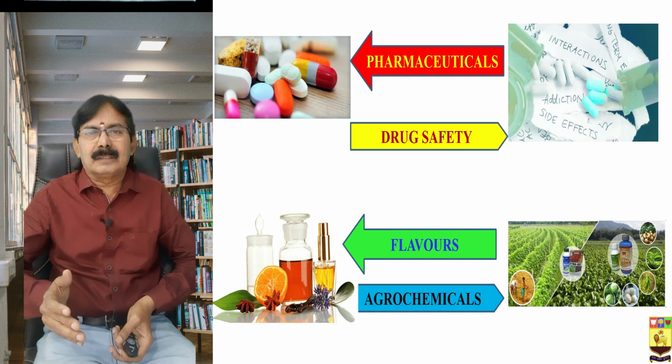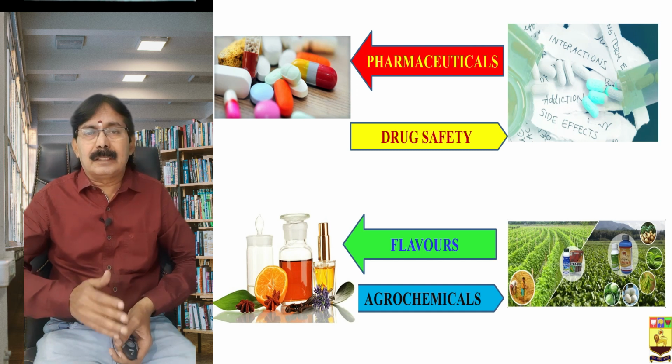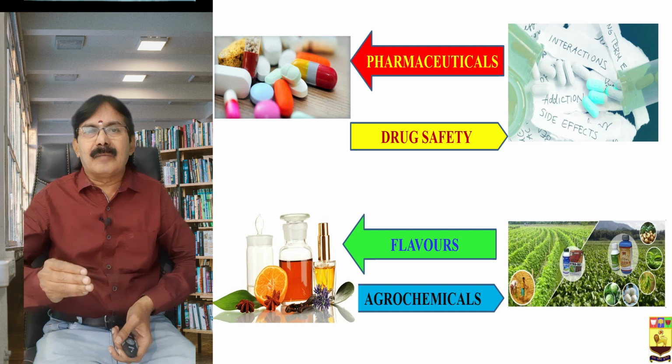You may ask, sir, why are you talking about flavors? Is it very important? Yes, it is very important. Drugs are needed for the survival of human life, but flavor is very much needed for humans to live a comfortable life.